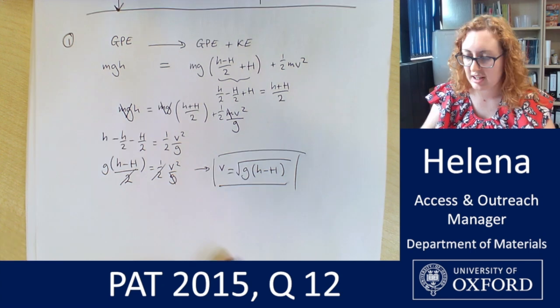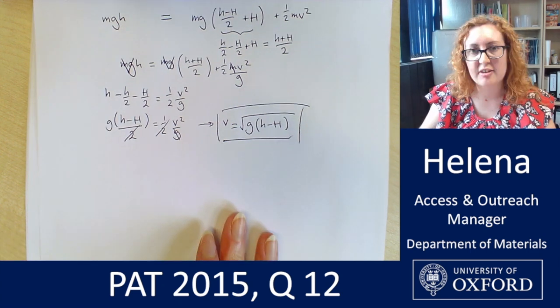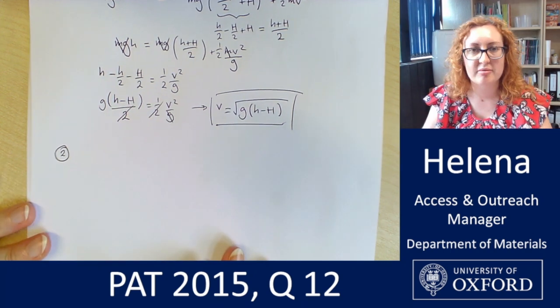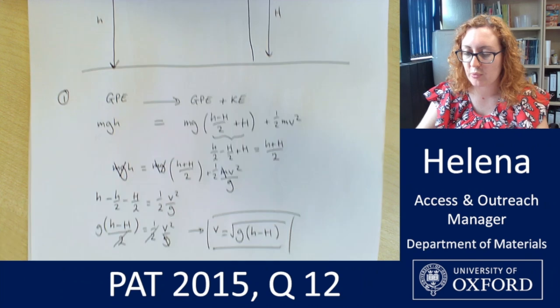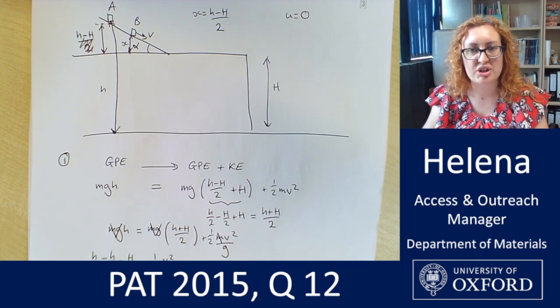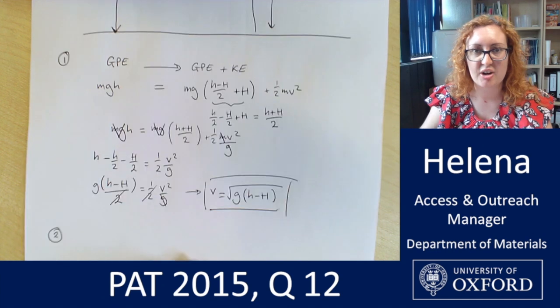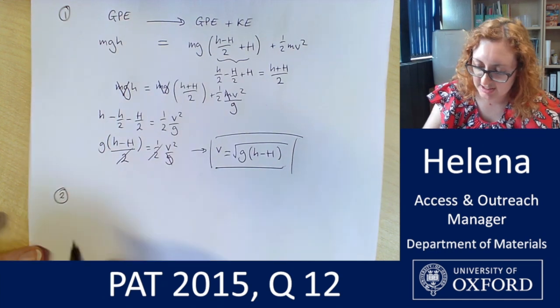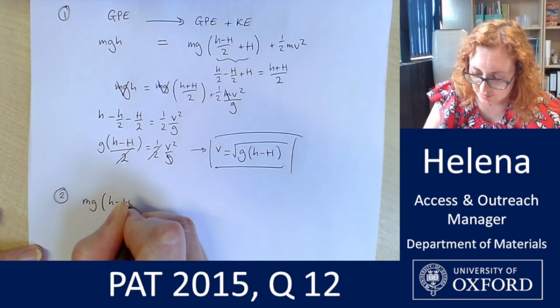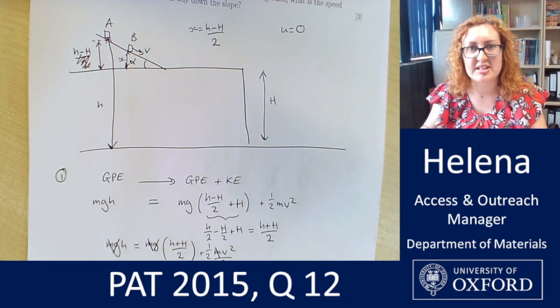Okay. If we were to choose the table as our zero for the gravitational potential energy, we still do the same. We're just using different distances this time. Okay, so for this, we would have an initial gravitational potential energy of mg(h minus H), because it's the height above the table.